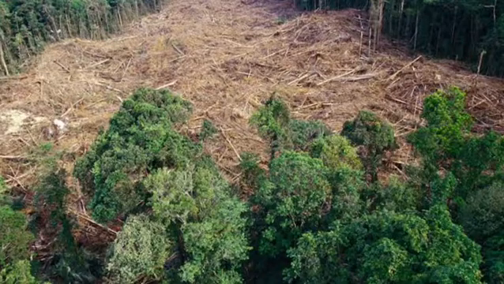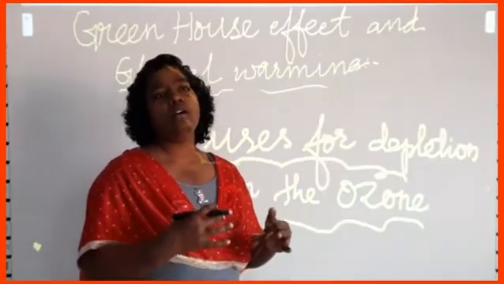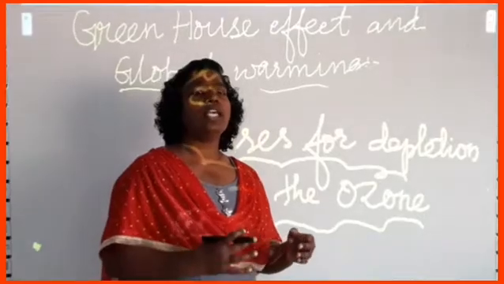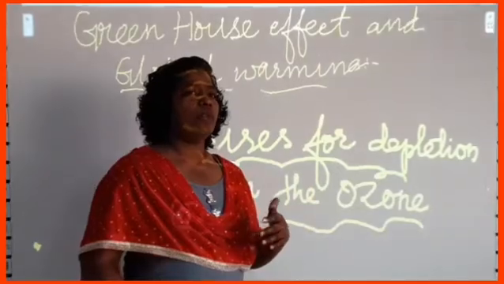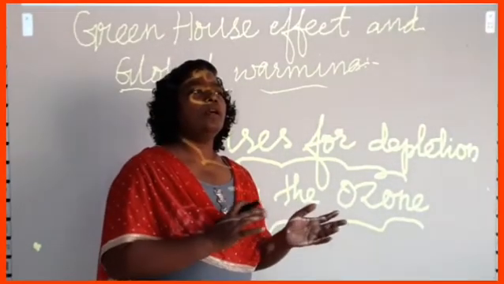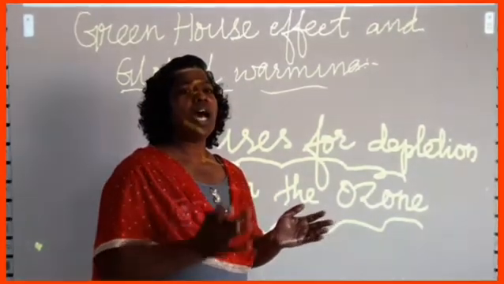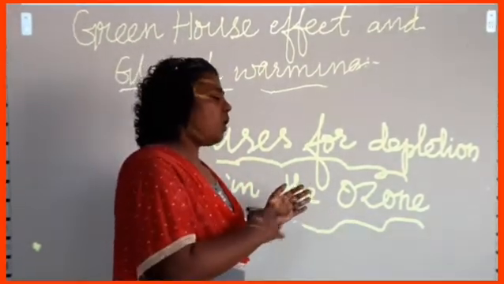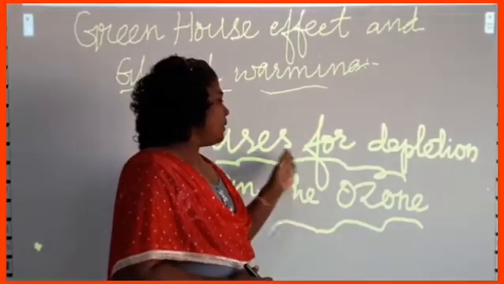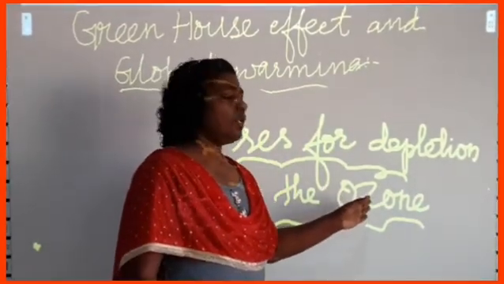And what happens when forests are depleted, or when there is deforestation? There will be less oxygen and a chance for an increase of carbon dioxide. There won't be any process to purify the air. So all these things may cause the depletion of the ozone layer.